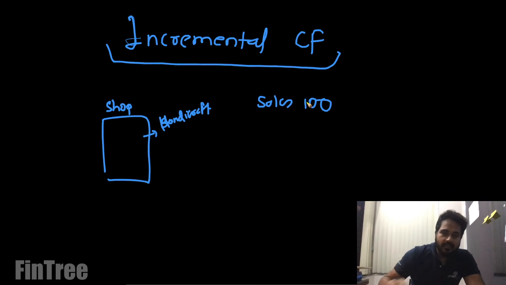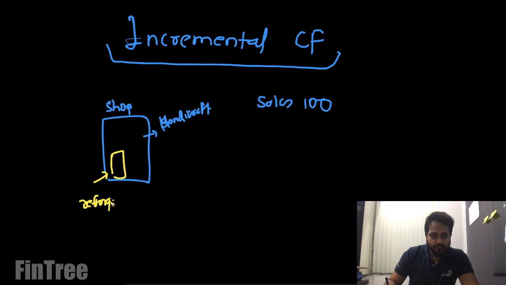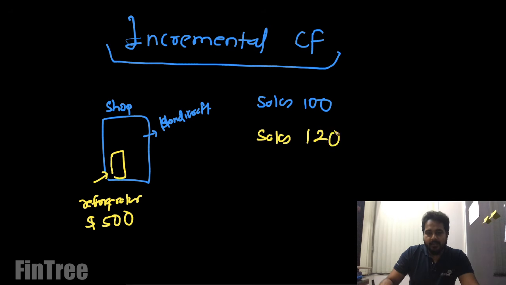Now someone gives you an idea, and he says, why don't you invest in a refrigerator, let's say a total amount of 500? When you do that, your total sales will become 120.